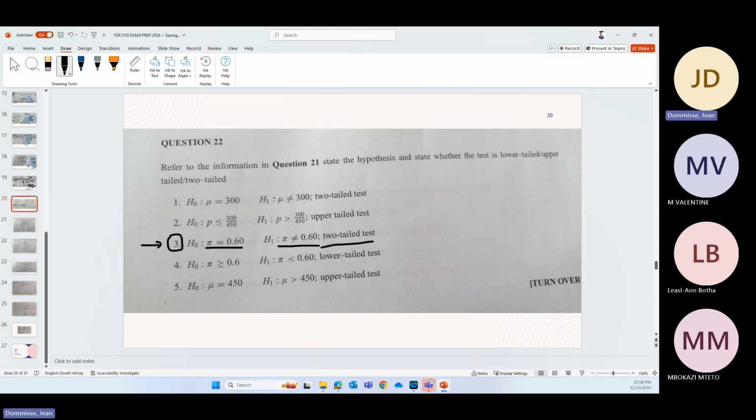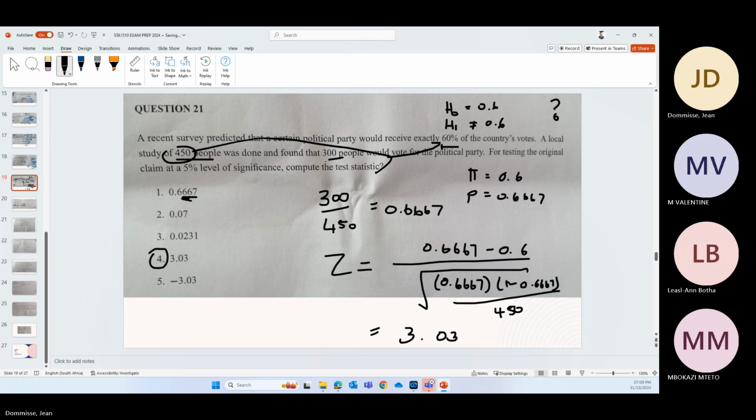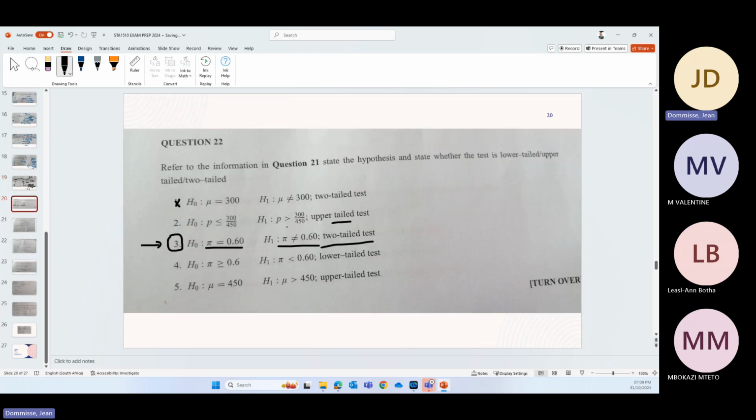Let's just check the others. So we're not working with a mean. This one also not, because they said receive exactly. So there wasn't anywhere in those sentences more than, less than, or anything like that. Again, it was said exactly, so it needs to be two-tail.